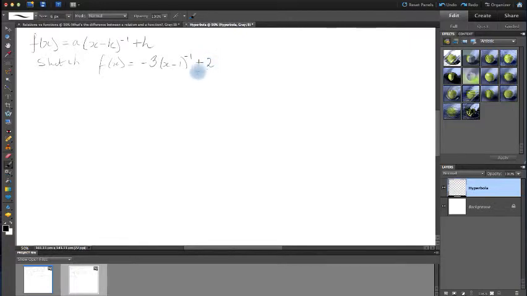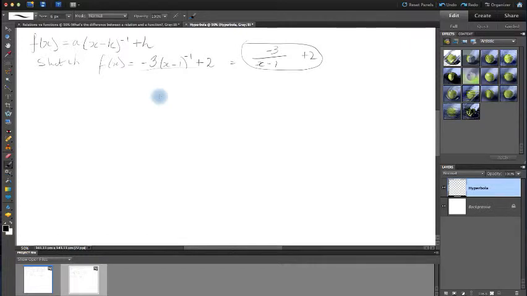There you go, we'll sketch this. Now, of course, you remember this can be written in an alternative way. It can be written -3 over x minus 1 plus 2. So keep that alternative method in mind. I'm going to stick with this because I think it's more clear, at least for me.